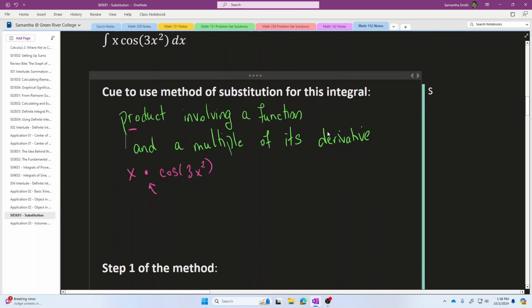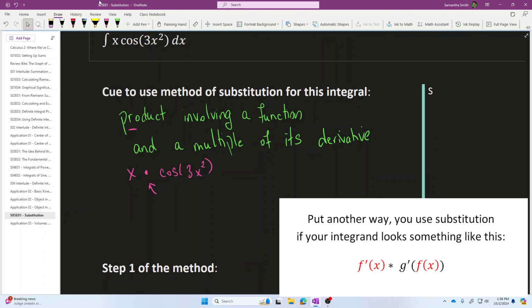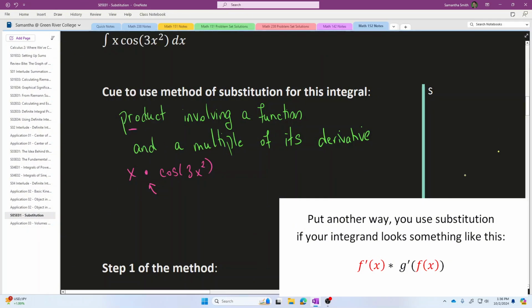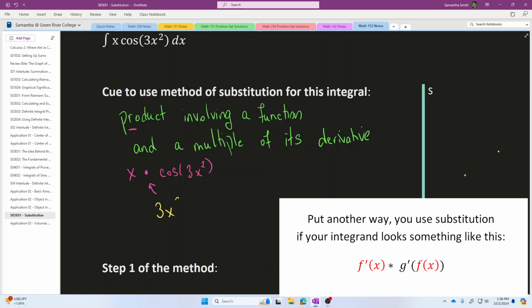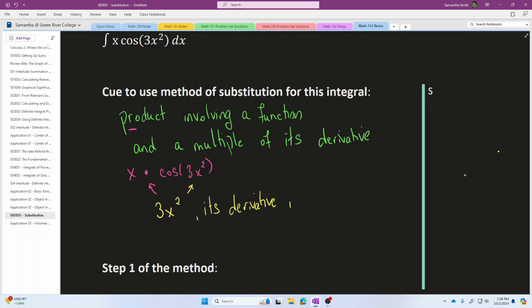The second thing that I see in this expression that is pointing me toward method of substitution is that I see a function as well as a copy of its derivative. In this particular case, the function and its derivative that I'm seeing is the function 3x squared, which is present here, and its derivative is 6x.